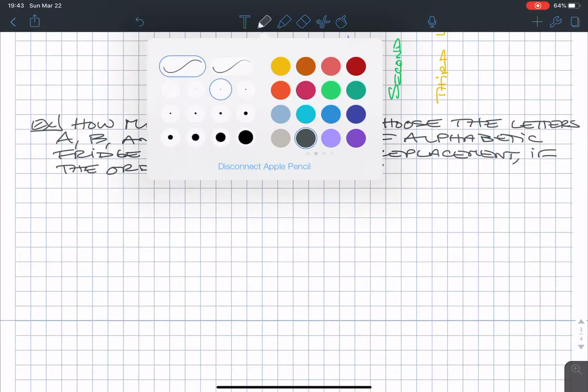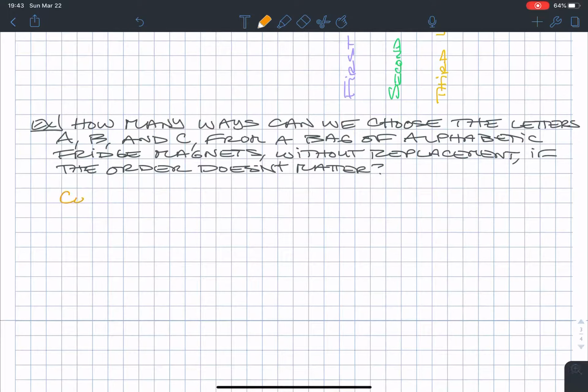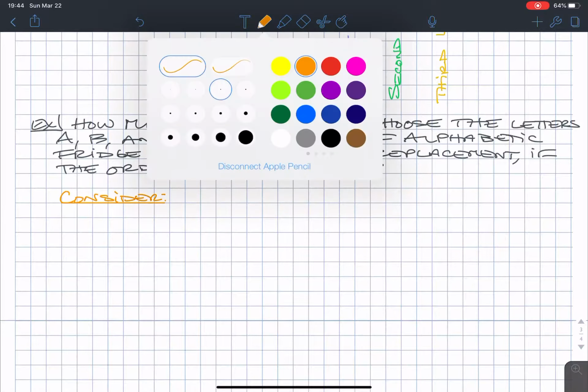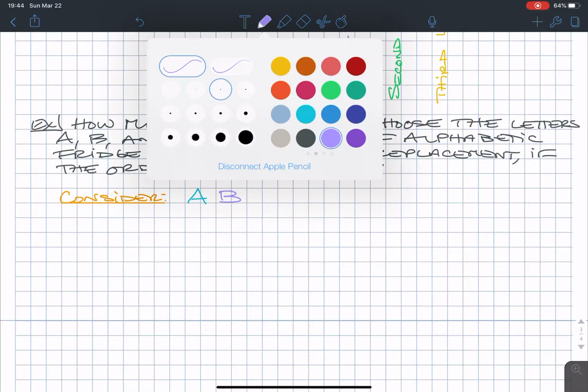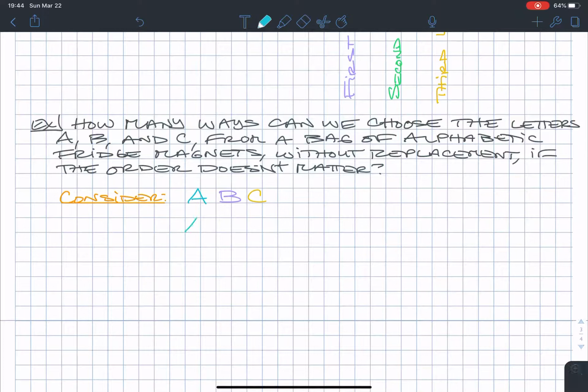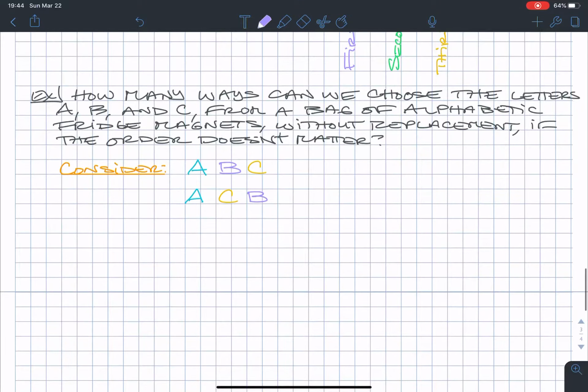Okay, so let's consider. Let's say I have the arrangement A, B, C. Or let's say I have the arrangement A, C, B. Or I could have the arrangement B first.